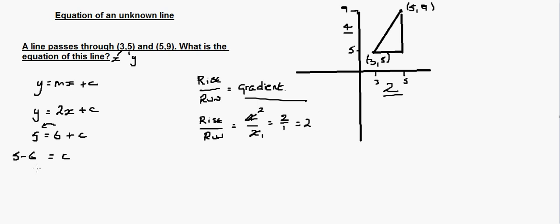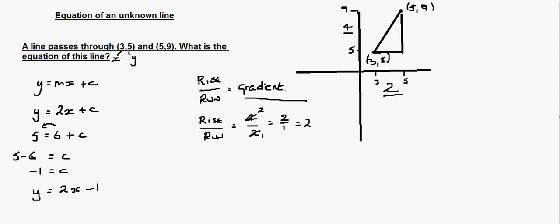Now 5 minus 6 is minus 1, so c equals minus 1. So here where I've got y equals 2x plus c, I can now put in that c value. So y equals 2x minus 1. And that's the equation of this line.